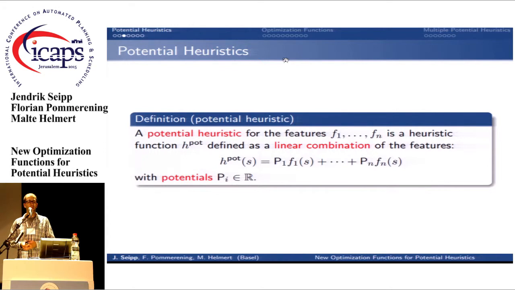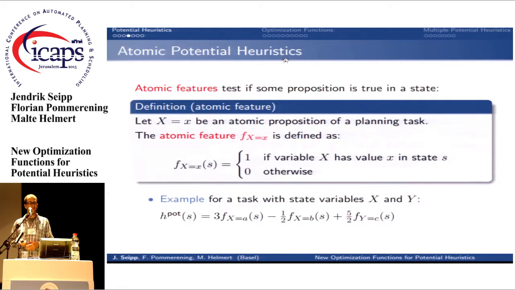Okay, and then a potential heuristic for the features f1 to fn is a heuristic function defined as a linear combination of these features. So it's just a weighted sum of features. In this work, we only focus on atomic potential heuristics, meaning that we focus on atomic features that test if some proposition is true in a given state.